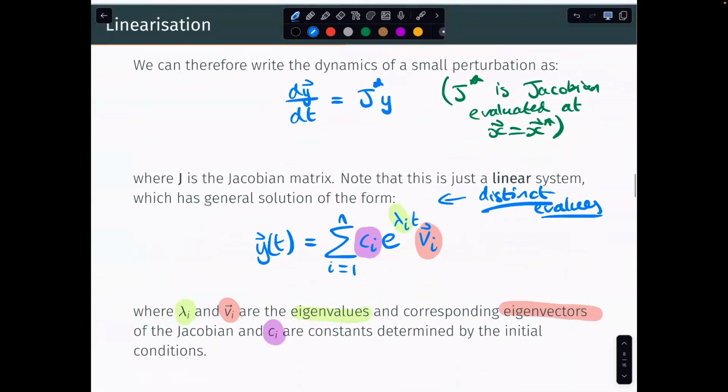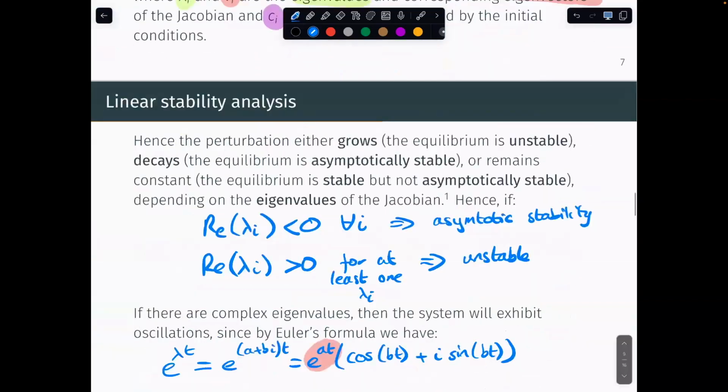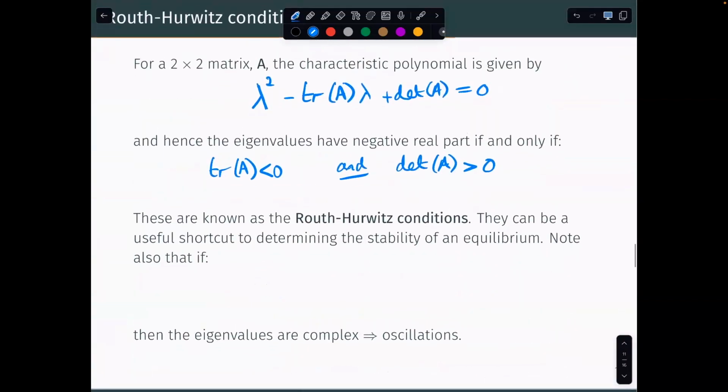If this was a 2x2 system, you don't have to find this solution here. You don't even have to find the eigenvalues. All you need to do is work out the trace and determinant of this if it's a 2x2 matrix, and then you can use these conditions, known as the Routh-Hurwitz conditions, to say that our equilibrium is locally asymptotically stable, because our eigenvalues all have negative real part. Nice and simple, okay?